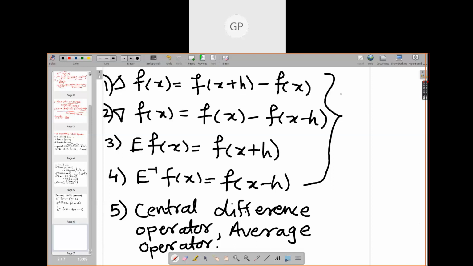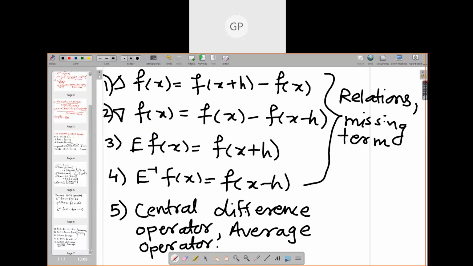We are going to see relations among themselves, then study missing terms using them. Then we are going to use delta and del in interpolation formulae also.